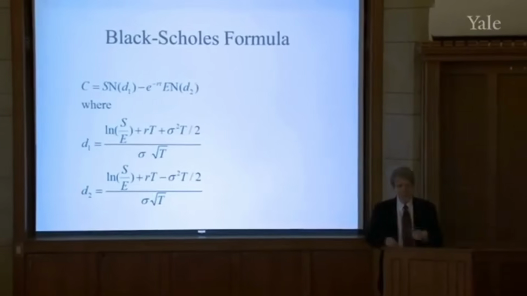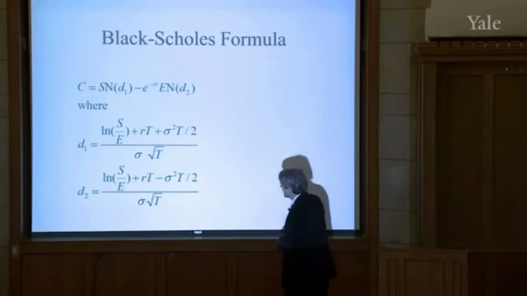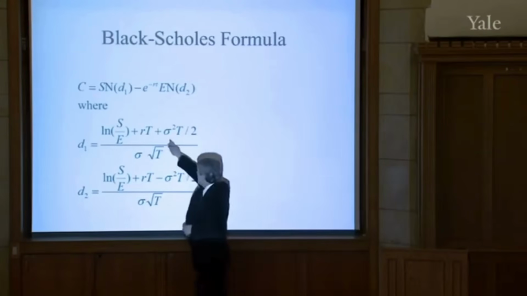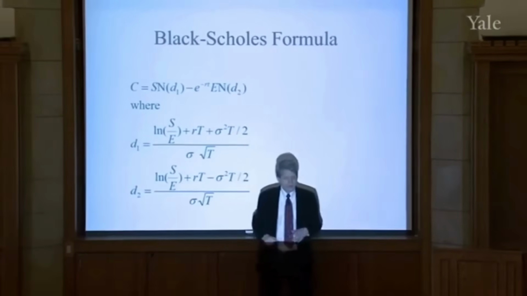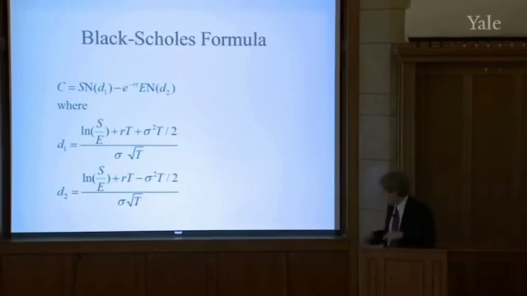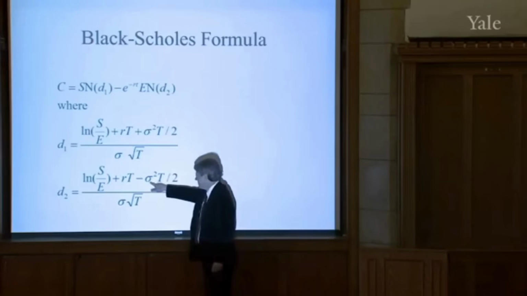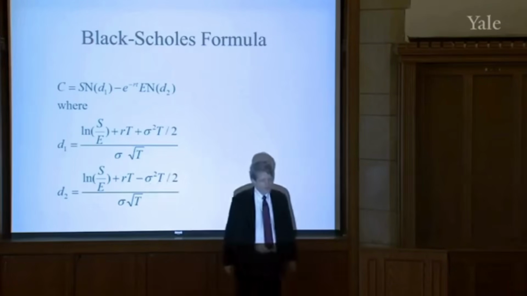But I can also turn it around if I already know what the option is selling for in the market, and I can infer what the implied sigma is, right? Because all the other numbers in the Black-Scholes formula are clear. They're in the newspaper, or they're in the option contract. There's this one hard to pin down variable. What is the variability of the stock price?